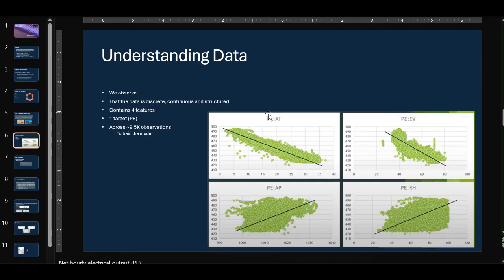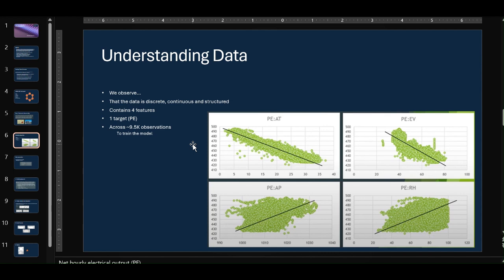Next, we begin with a better understanding of the data. We see that the data is discrete, continuous, and structured. It contains four features, and the target feature is PE, which is our net hourly electrical output. And we have around 9,500 observations for the overall training and testing of the model.